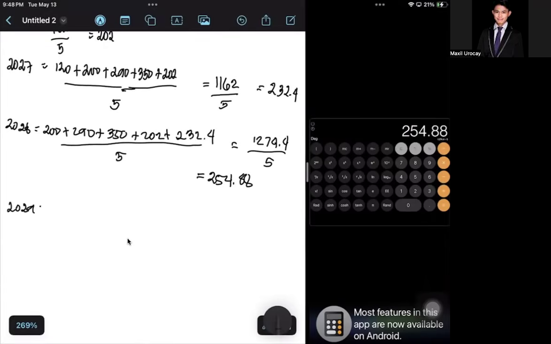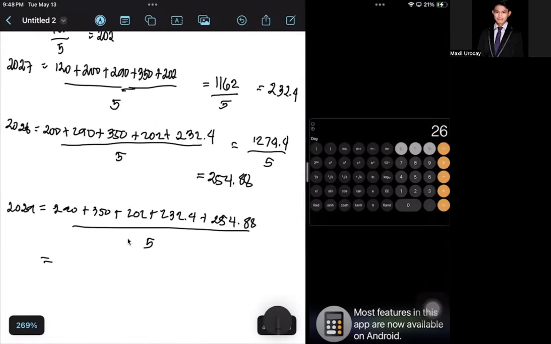For 2029, that will become 290 plus 350 plus 202 plus 232.4 plus 254.88 divided by 5.